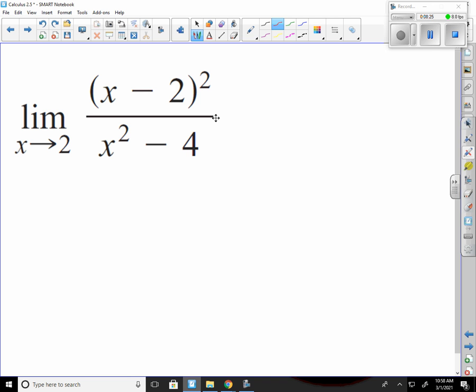So the first thing I'm going to do is realize at the top, (x minus 2) squared, limit as x approaches 2 of that. If I factor that out, it's x minus 2 times x minus 2. On the bottom, let's factor this out. x squared minus 4 is x minus 2 and x plus 2.